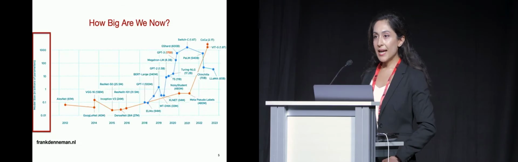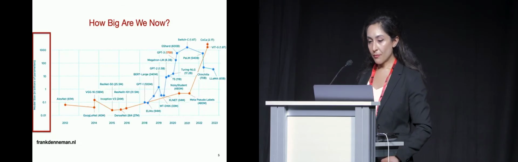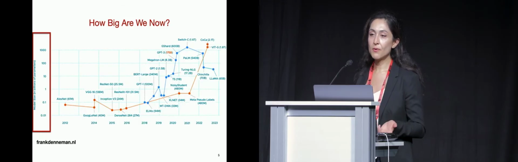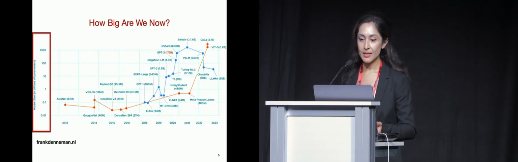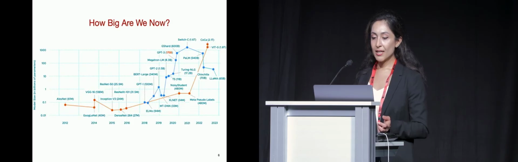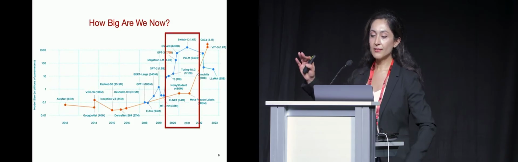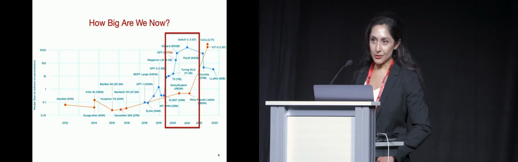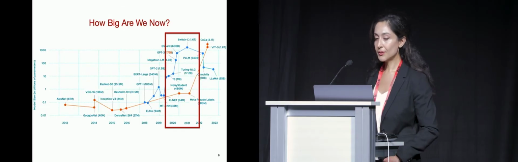You see that mainly the way that we improve the performance of these models is by increasing their size in terms of the number of parameters. In particular, we increased massively. We went in 2021 to trillions of parameters for our models.